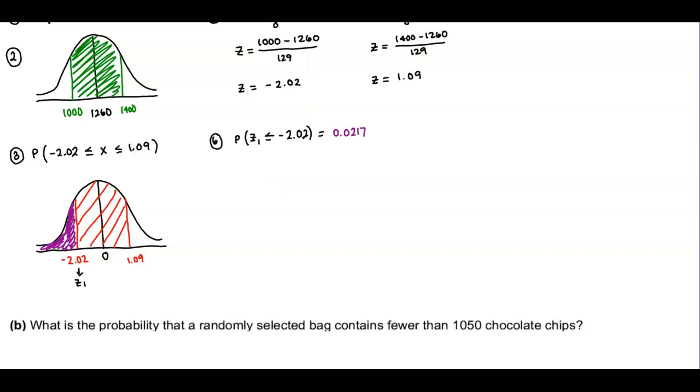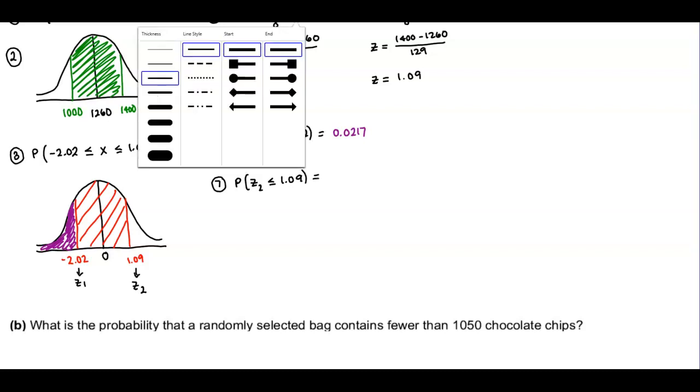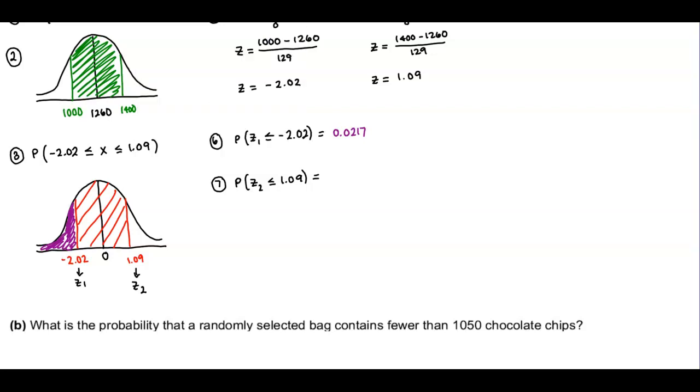Next, we now need to find the area, and we're going to call this Z2. We want to find the area to the left of Z2, where it is less than or equal to 1.09. That means we want to find the area of everything to the left here, which is all the blue here.